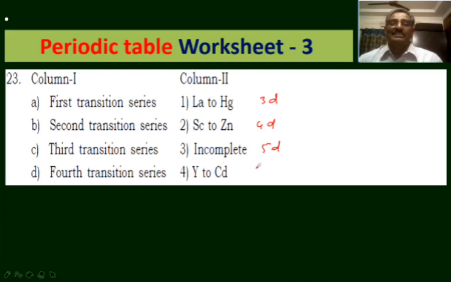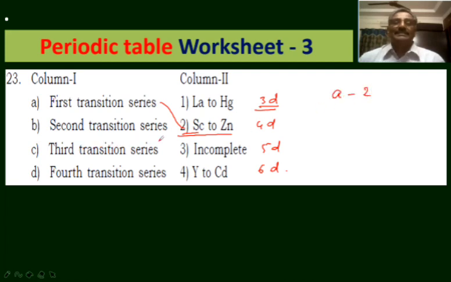And fourth transition series is 6d series. The first transition series starts with filling of electrons in 3d. We already discussed the electronic configurations of first 30 elements, scandium to zinc. So A is to be matched to 2, A2.